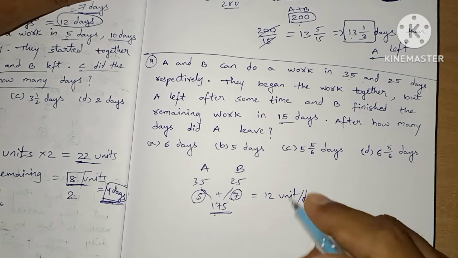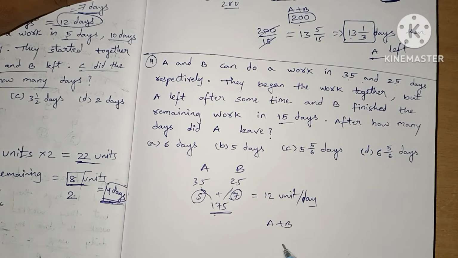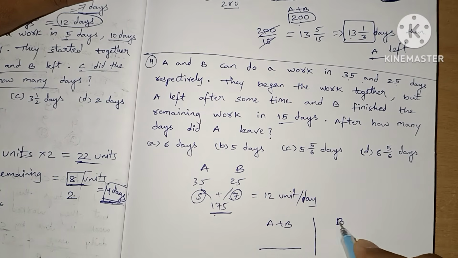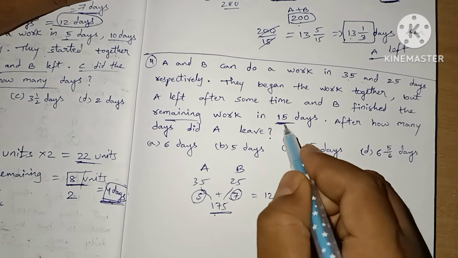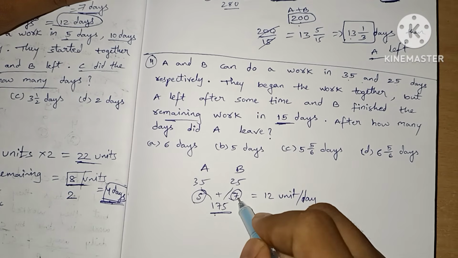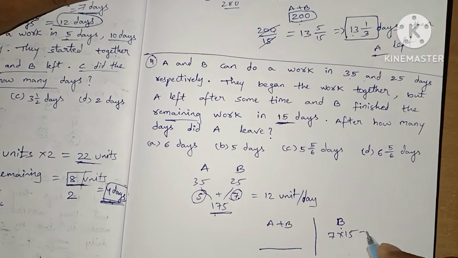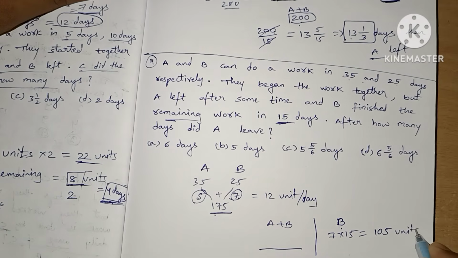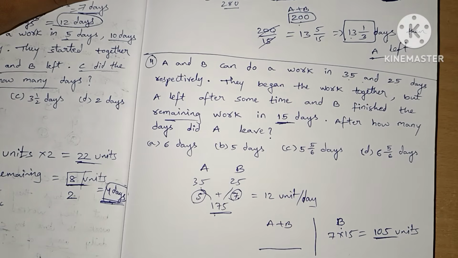But A left after some time. Both A and B together worked for some days. And the remaining work is done by B alone. B alone finished the remaining work in 15 days. B's efficiency is 7. 7 into 15 days means 105 units is completed by B alone after A left.